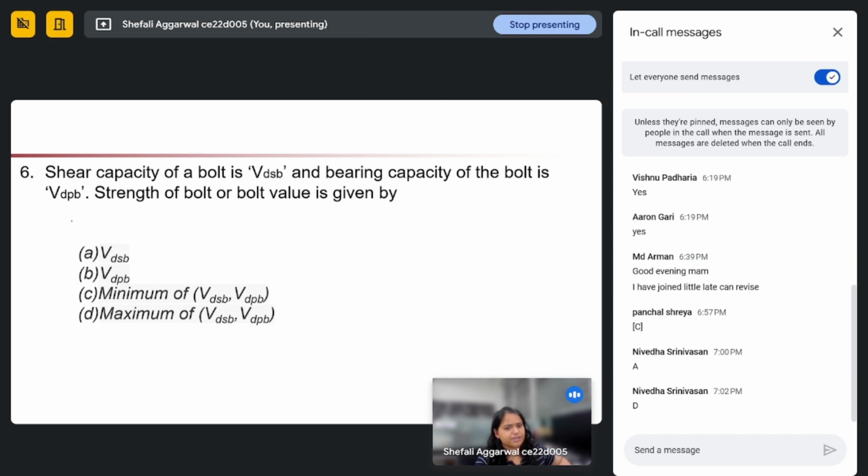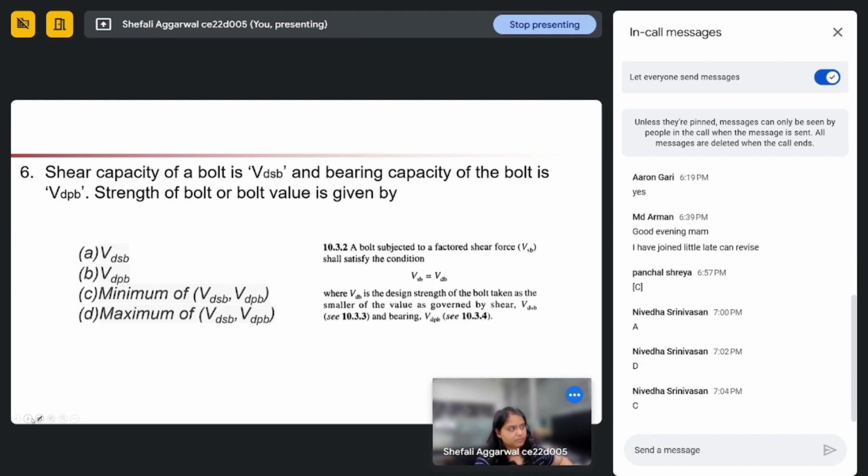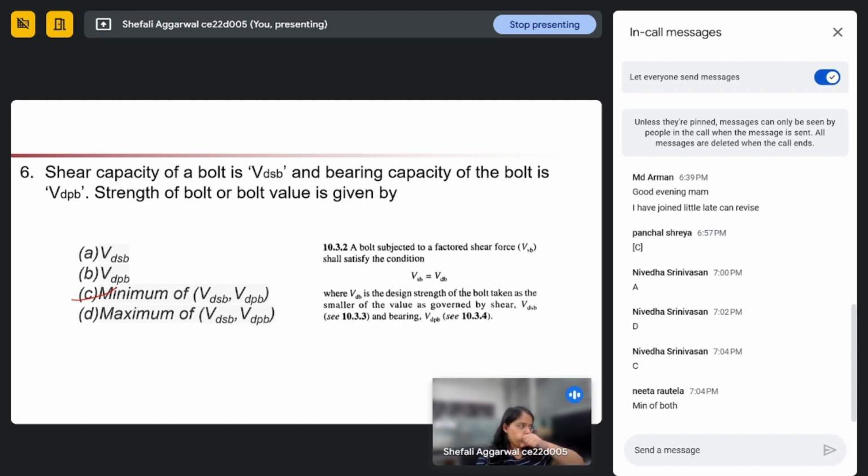I think we already discussed it also. So it's C, correct answer. So it will be given by minimum of both types of capacity. So here it is given in clause 10.3.2 also. It is taken as the smaller of both values. Okay.